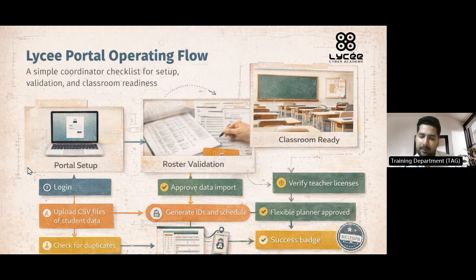So when you log into the portal, the number one thing is the photographs of the infrastructure prerequisites. The second feature is the student roster and staff roster sheet, where it will ask you to upload the student data, staff data, all those things. Once you upload the student and staff data, the next step is to assign the students to classes.